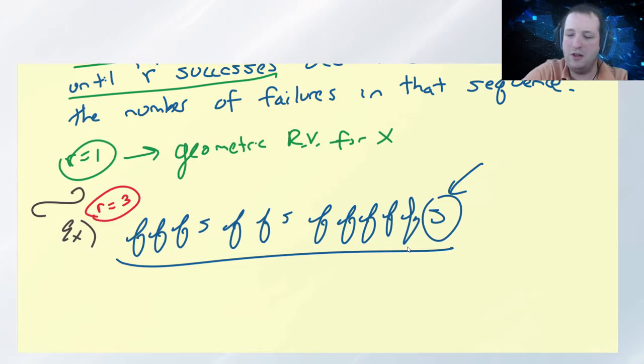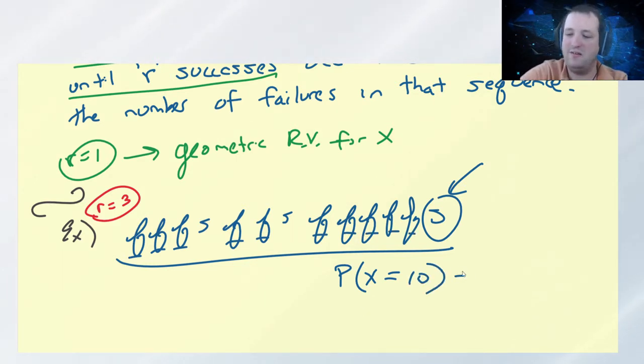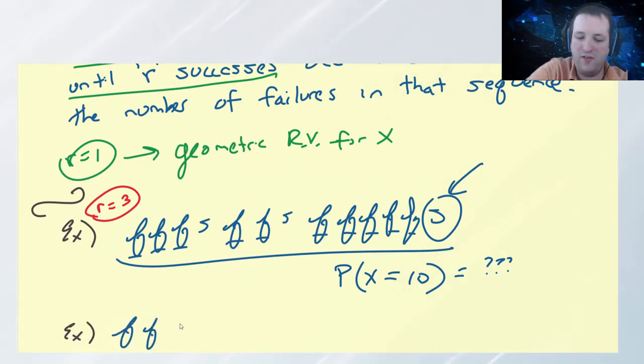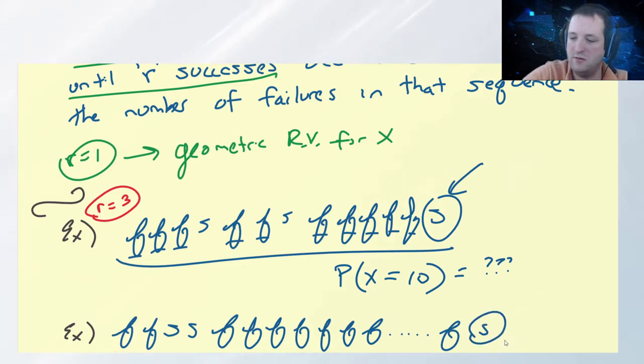So what we're going to be looking for is the probability that X is equal to 1, 2, 3, 4, 5, 6, 7, 8, 9, 10 failures in that sequence, right? This next distribution is going to answer that question. But this is not the only scenario for r equal to 3 successes. For example, you could have failure, failure, success, success, a bunch of failures, success, right?